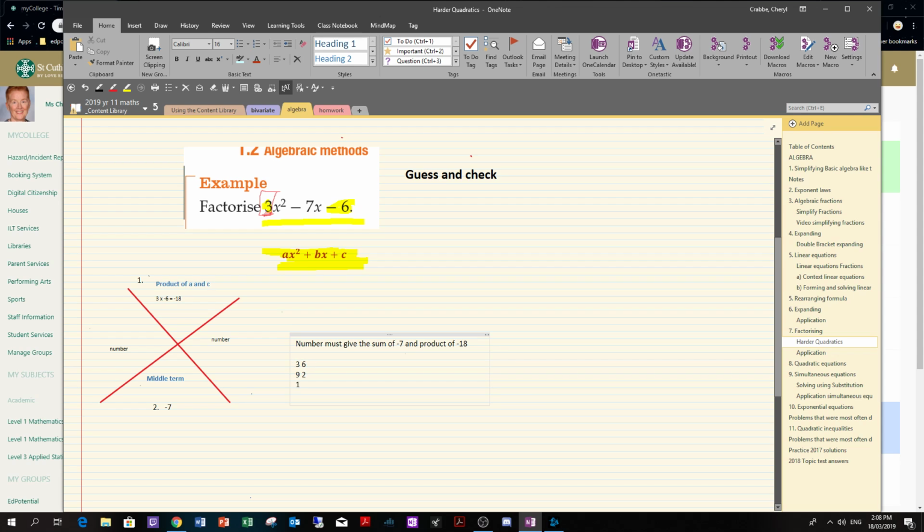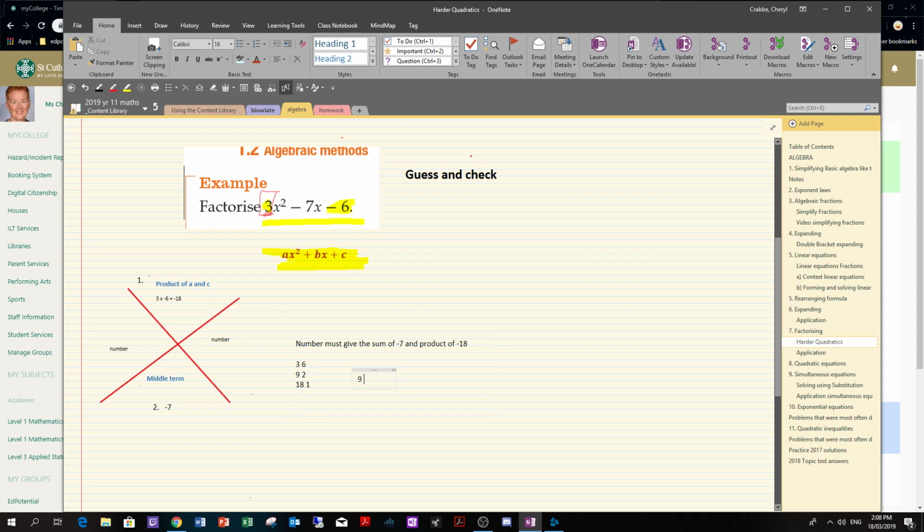So those are the things that will multiply together to give me 18. Now they have to add to give me -7, and they have to multiply to give me -18. So we play around with these numbers. The only one that's going to give me a sum of 7 is 9 and 2. So now I play around with 9 and 2.